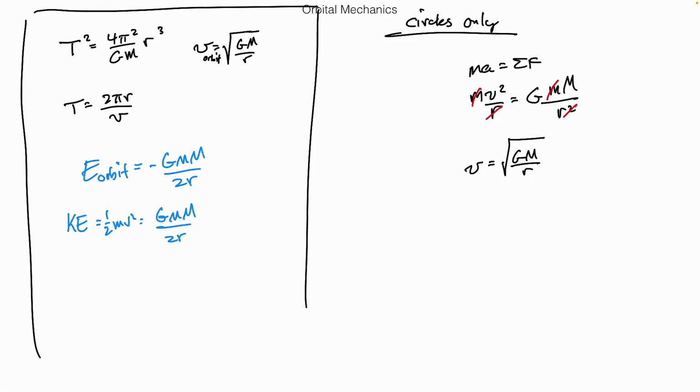That's a little bit confusing, but it's true nonetheless. Did we get all of them? Yeah, all this is circles only. I think our box is pretty complete there because this is the orbital mechanics slide.